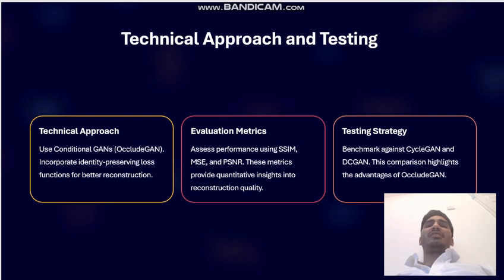For rigorous evaluation, I employed standard quantitative metrics such as the structural similarity index, which is SSIM, the mean squared error, which is MSE, and the peak signal to noise ratio, which is PSNR.